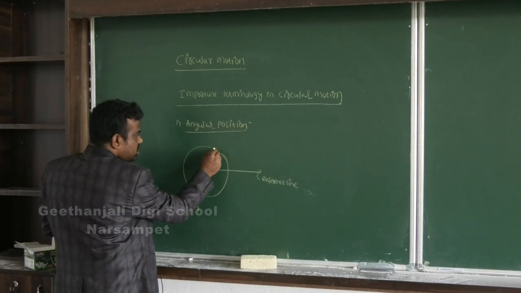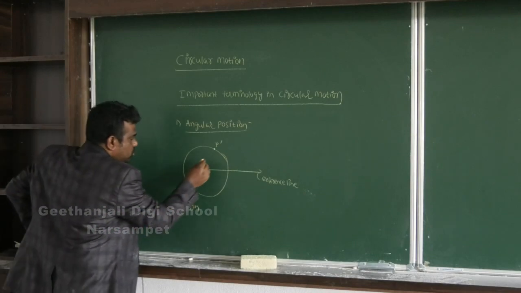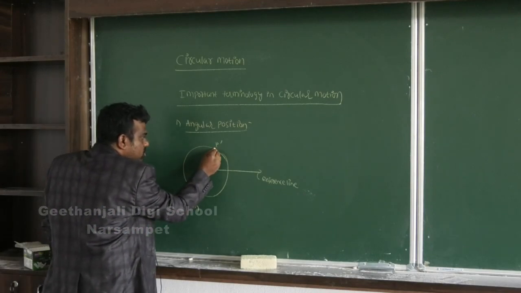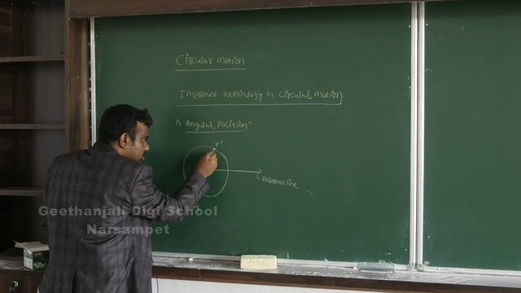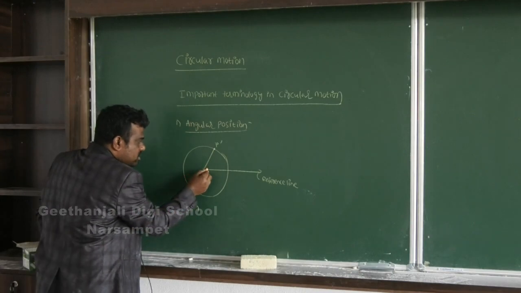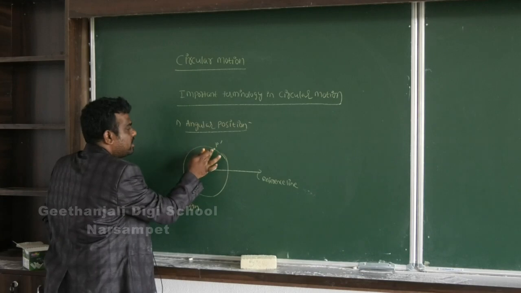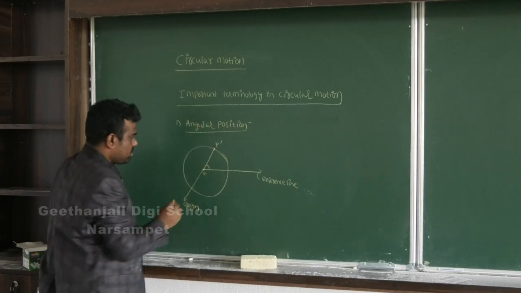Suppose this is the position of the particle P. We should draw the position vector of this P with respect to the origin, and we have to measure the angle between this reference line and this position vector.